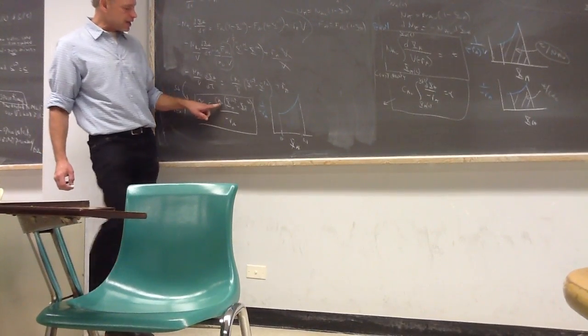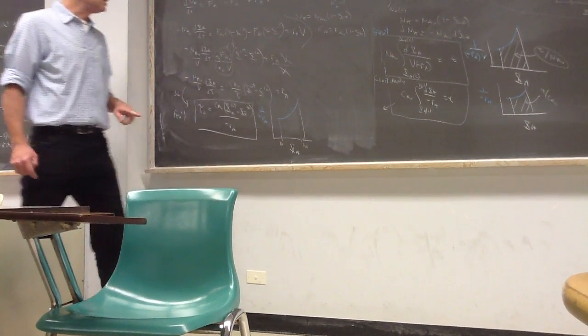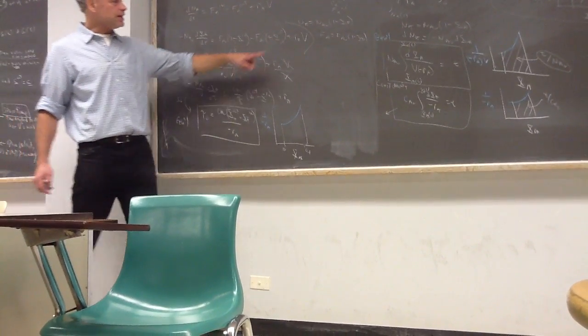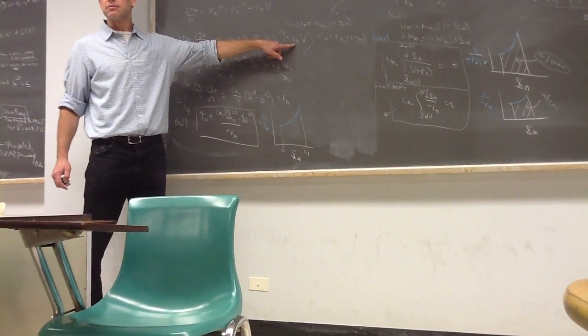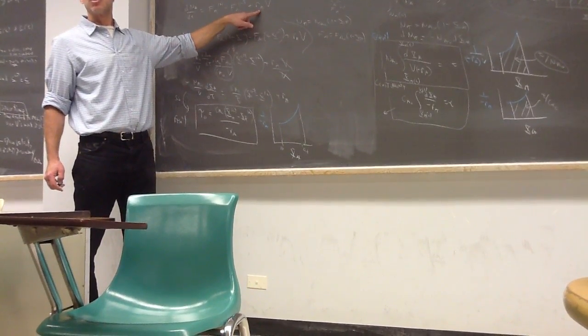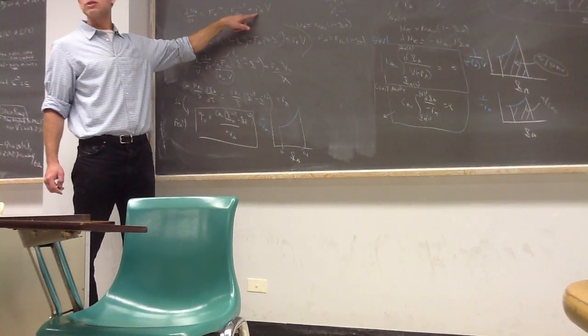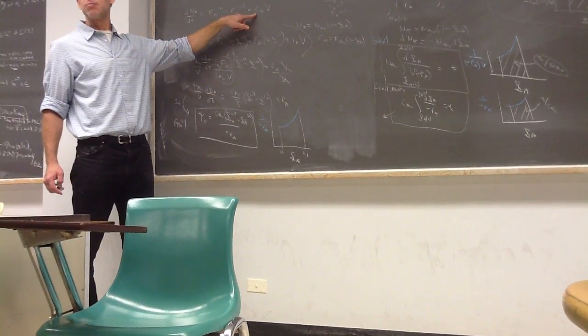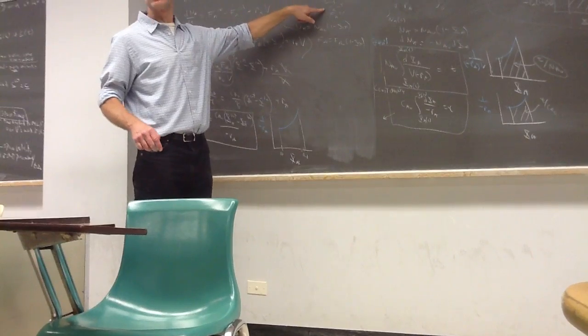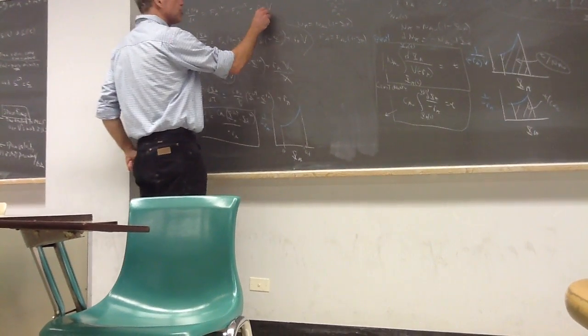I need to be careful here. Where is RA evaluated? At what concentration is the reaction taking place? At the outlet concentration. So this is minus RA out.